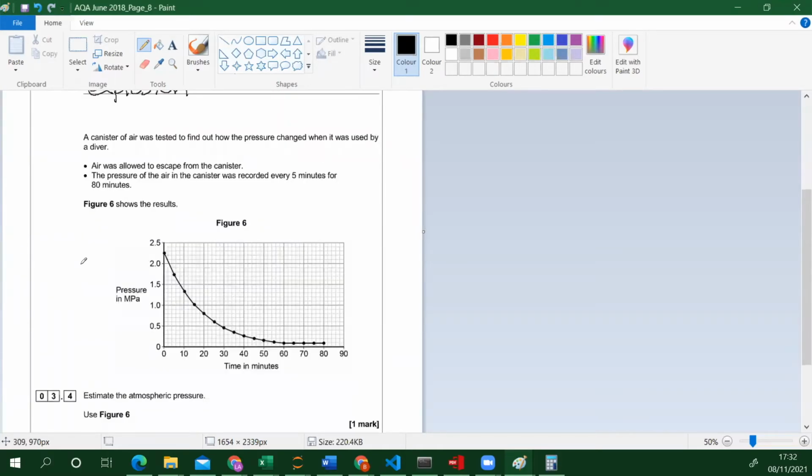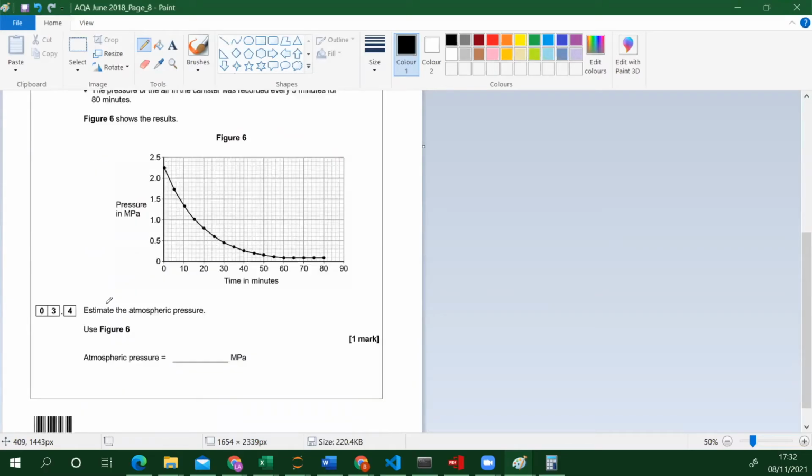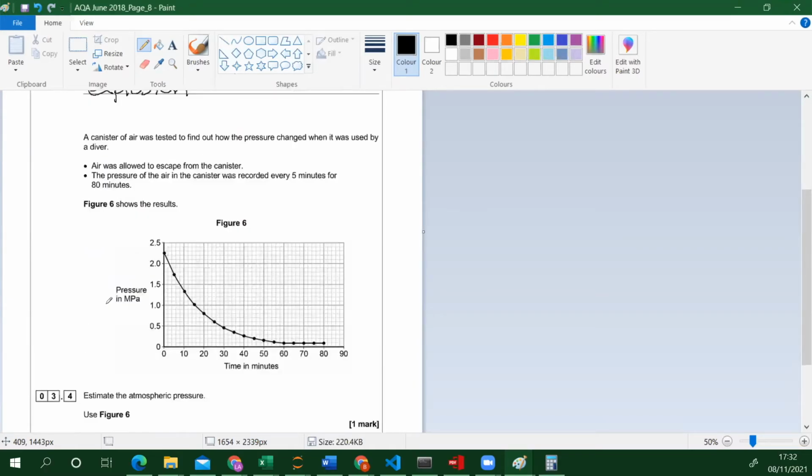Figure 6 shows the results. Pressure is in megapascals, the big M is mega, and time in minutes. We have to make sure we include the units. Estimate the atmospheric pressure. So be careful how you think about this.